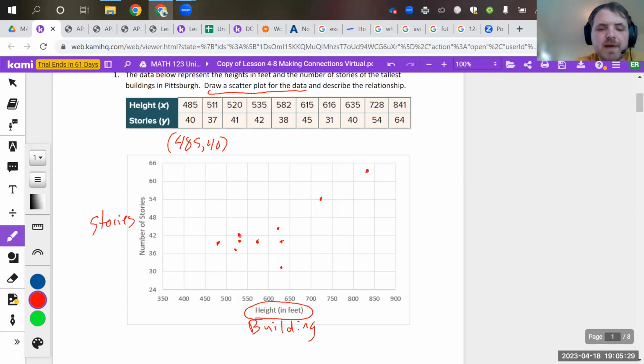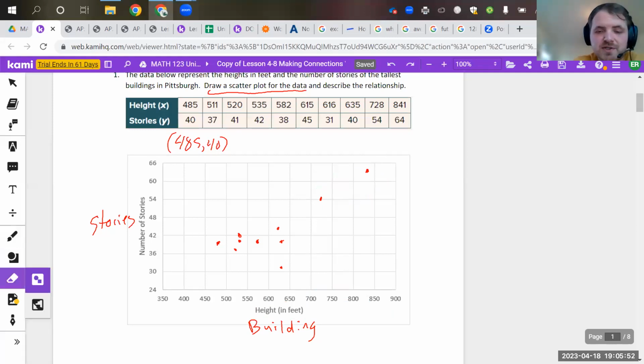As you can see the relationship here, when I'm only down here in the 400s, 500s, I've only got between 30 stories and sometimes 40 when we're in that 500 level. But as we get closer to 700, 800, it's jumping over 50-story buildings. There's a lot of different ways you could phrase that.